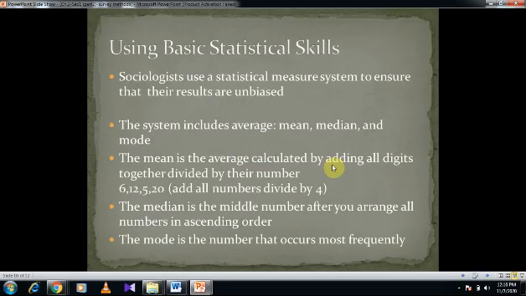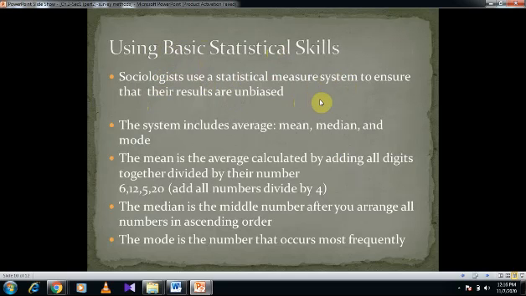Now, apart from discussing qualitative and quantitative methods, we picked a topic, we made our research, whether it's quantitative or qualitative, and we have our results. Now, in order to use these results, we need to use statistics. Sociologists use a statistical measure system to ensure that the results are unbiased.